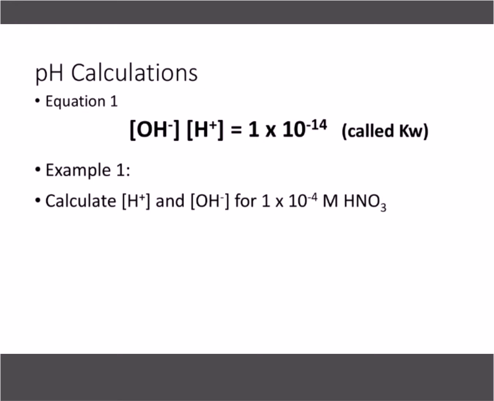So here is our first equation. If you look on your reference pack, this equation, guys, is the fourth equation from the bottom. This is called Kw. Kw is the ionization constant of water.